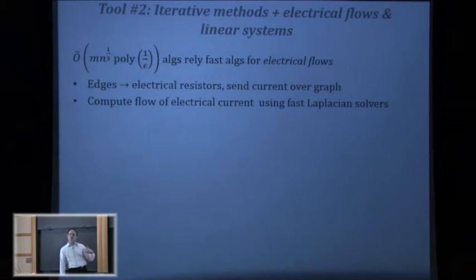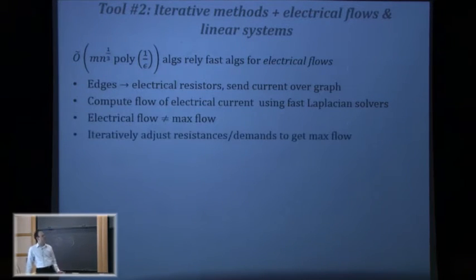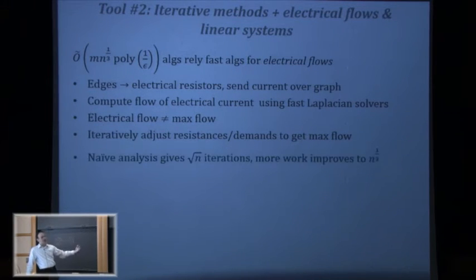So it's a very powerful tool to probe the graph with, and people made very good use of this new powerful tool. Now, electrical flow doesn't equal max flow, and thus you couldn't just solve it once, but what you do is iteratively play with the resistances in the algorithm that I was on and the demands in the other one to get an actual max flow. So you'll take edges that are flowing too much and push their resistance up or down or something.